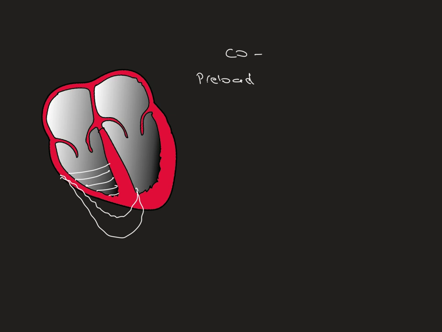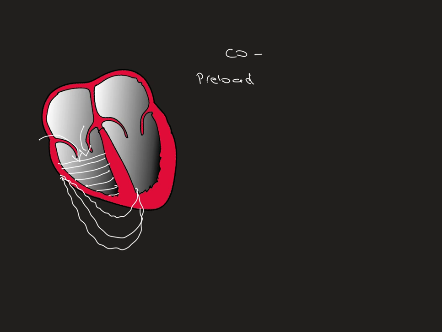So if you get an elastic band and stretch it and stretch it and stretch it, it will fly across the room. If you don't stretch it so much, it won't go so far. So if you give more fluid into the ventricles, then that stretch is going to be even bigger, up to a point. Obviously the heart can only stretch so far, but that essentially is what preload is.